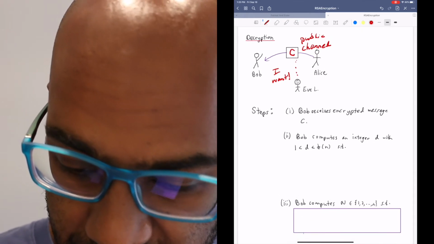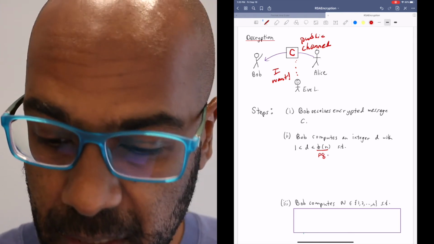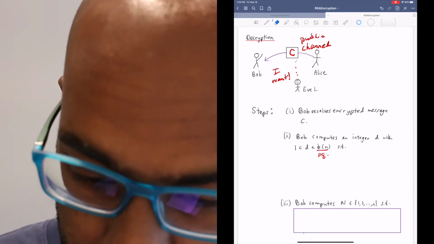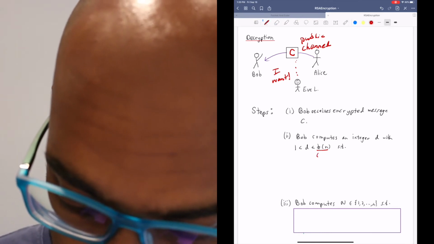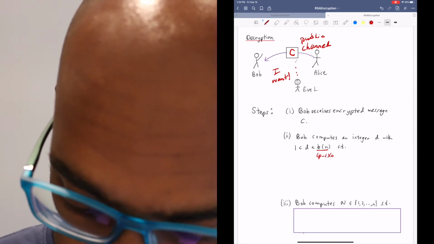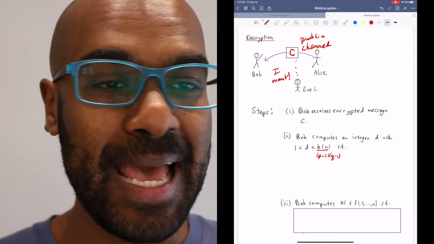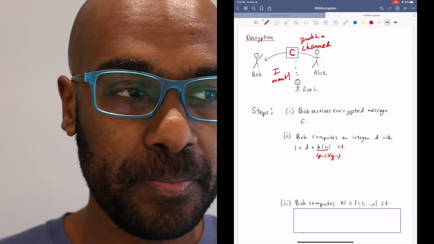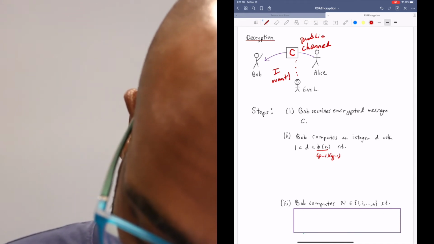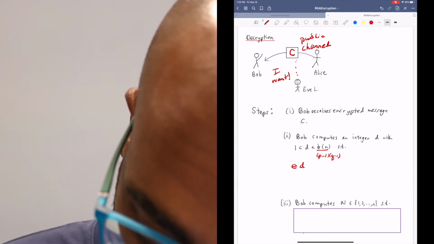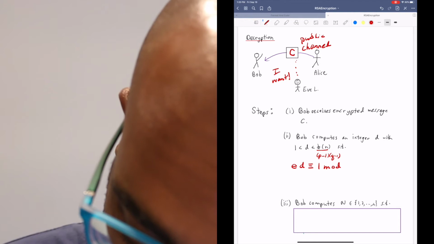He already knows what φ(n) is. Remember, that's (P minus 1) times (Q minus 1), which he can compute because he knows what P and Q are. Okay, so he's going to compute an integer D between 1 and φ(n) so that E, the encryption key we had before, times D is congruent to 1 mod φ(n).